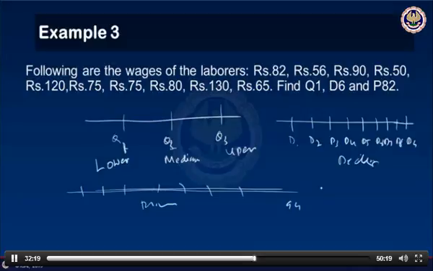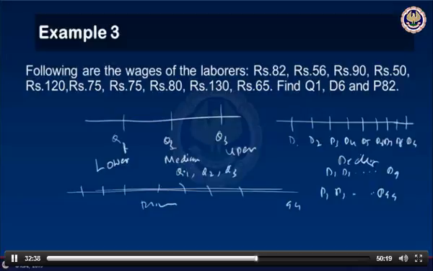So we represent them as P1, P2 up to P99. In the case of deciles also, it is D1, D2 up to D9. In the case of quartiles, Q1, Q2, Q3.